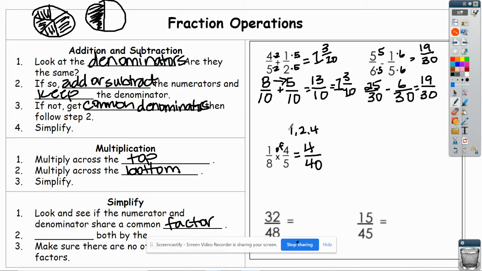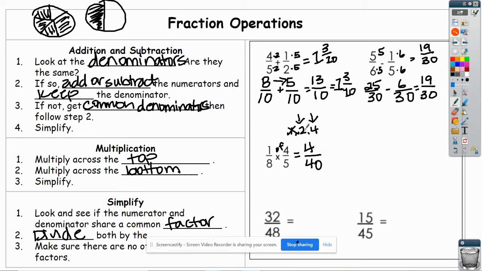So besides 1, because that's not going to do anything for us, do either one of these factors also divide evenly into 40, okay? If they do, which they both do, 2 and 4 both divide evenly into 40, we want to divide both by the common factor.